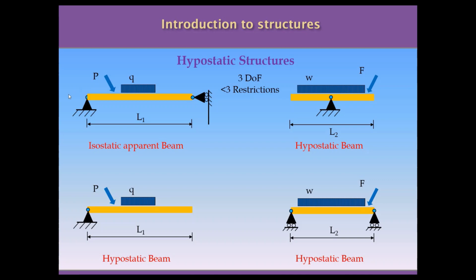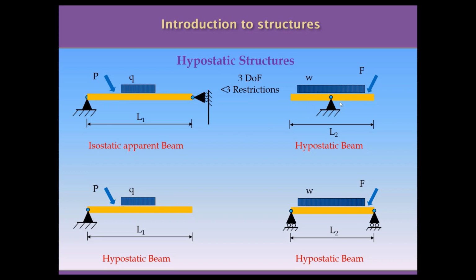In this case, apparently we have the pin support located at the left extreme and a roller at the right extreme, but the position of this roller makes this structure unstable, because in reality this point can move in the vertical direction. So even when we are introducing enough supports, the supports are not located in the right position to produce the stability of the beam.